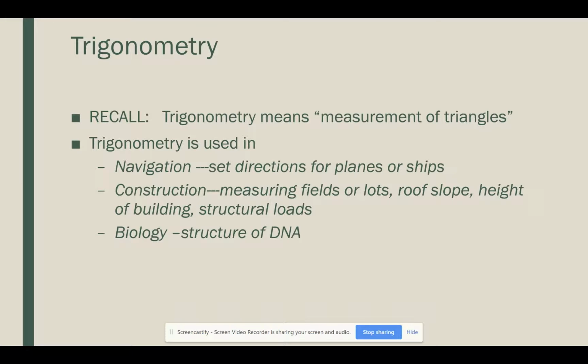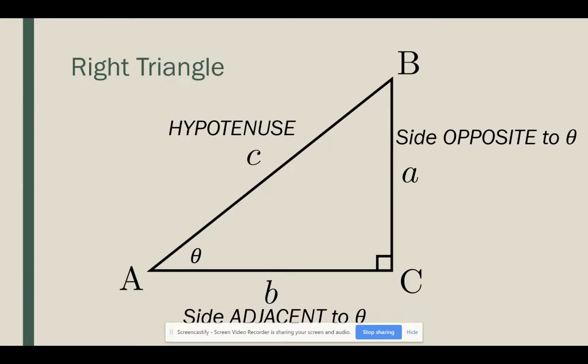It's actually even used in biology in the study of the structure of DNA in today's world. It's also used in what's called cartography, which is the creation of maps. Trigonometry can be used to determine the heights of mountains or different land features.